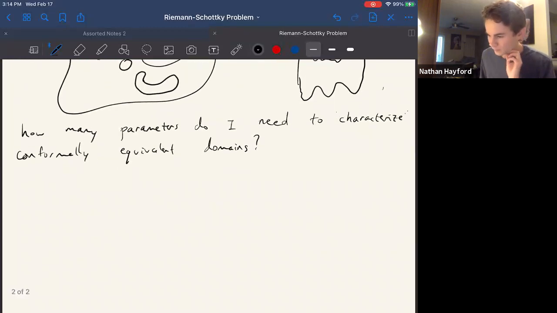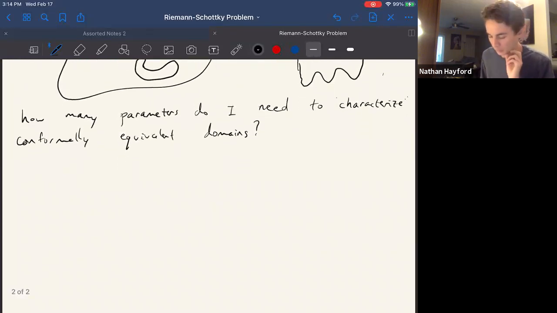So at least Riemann knew the answer, but as usual, he didn't prove anything. And I think that, at least for plane domains, this problem was answered by probably Hilbert. So the answer comes from Hilbert, although I'm going to reference Koebe's answer just because it's a little easier to do the count, at least for me.